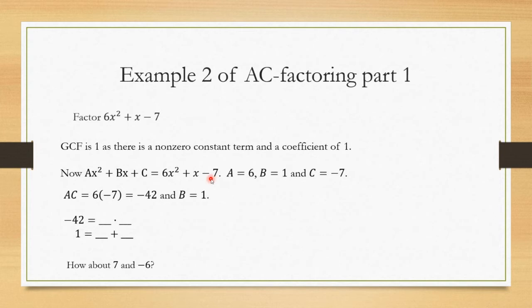Notice we have to include the minus sign. Don't forget the minus sign. So again, A is 6. B, the coefficient of x, it looks like the coefficient is not there, but it's understood to be 1. And C is minus 7.